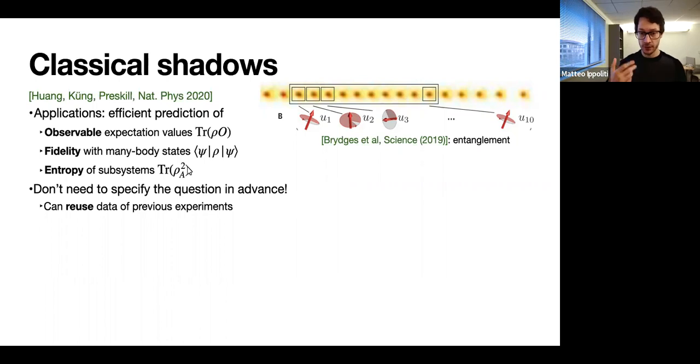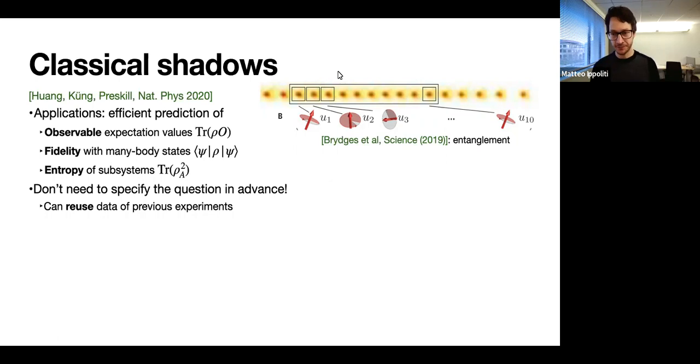So to be really concrete, there was an experiment by the Innsbruck group in 2019 where on a trapped ion simulator, they aimed to measure entanglement of subsystems. And note that this was before classical shadows, so 2019 versus 2020. However, they made use of a randomized measurement protocol that happens to be one of the possibilities that you can use for shadows.